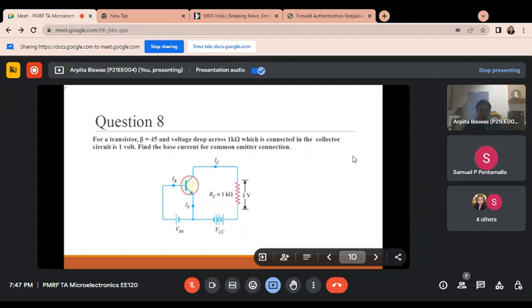If the voltage drop is given across any resistance, then you have to find out the current passing through it, which is the simple equation V by R. Then you are getting the value of IC, and beta is given, the current gain, which is IC by IB. So here IC by IB equals 45. Then IC is given. You just have to find out the IB value.